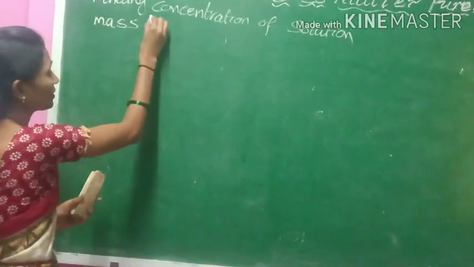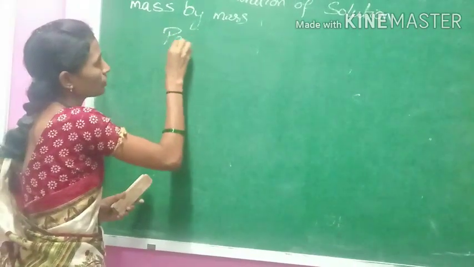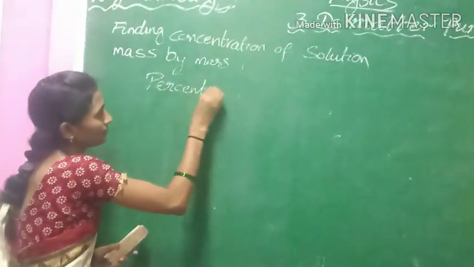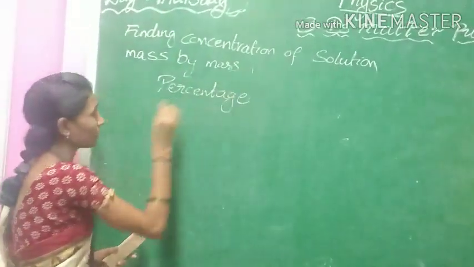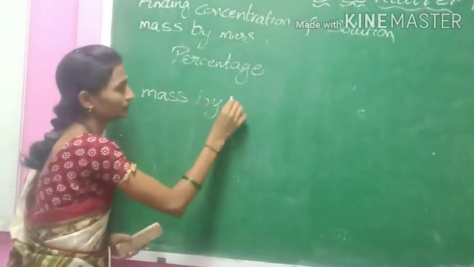The first one is mass by mass percentage. The second one is mass by volume percentage.